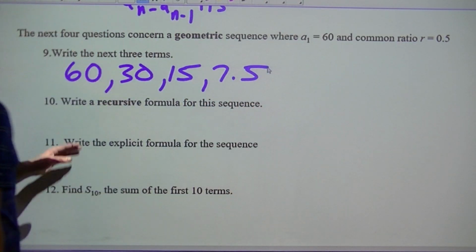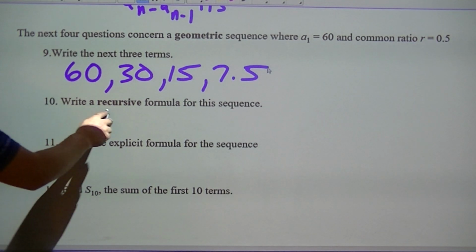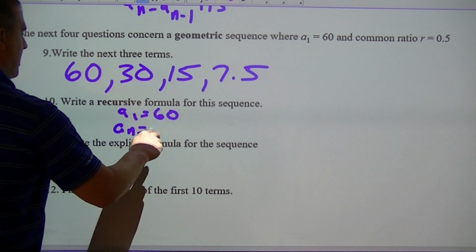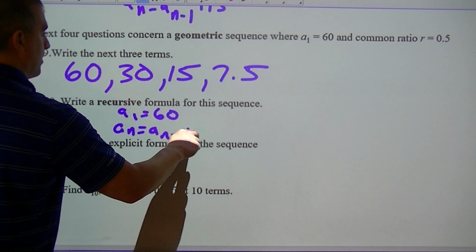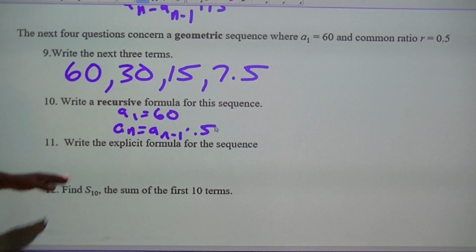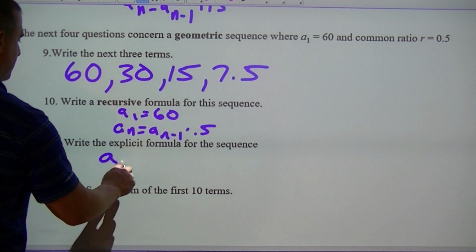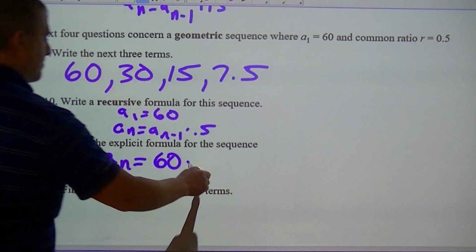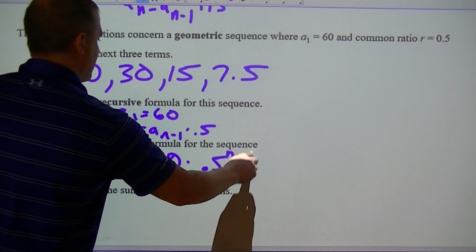Write the recursive formula for this. Recursive would be A1 equals 60, An equals An minus 1 times 0.5. Write the explicit. Explicit formula would be A1 is 60, my R would be 0.5 to the n minus 1.